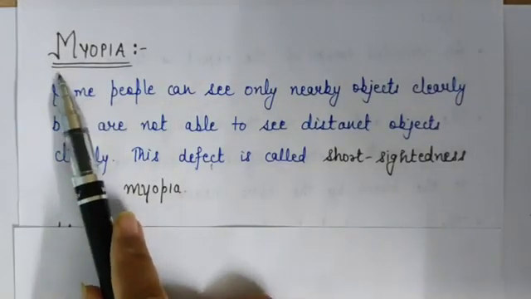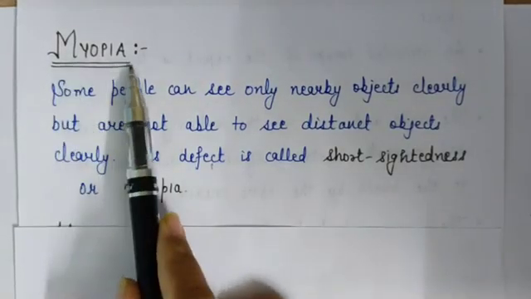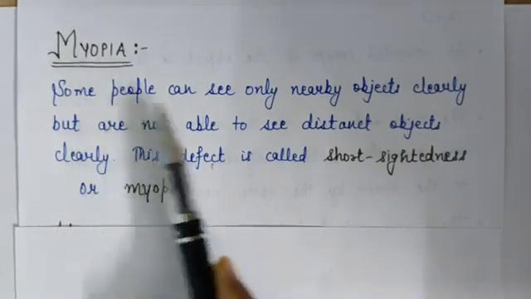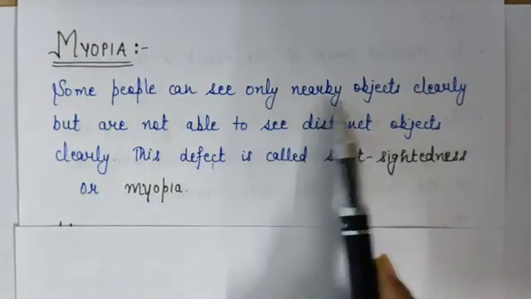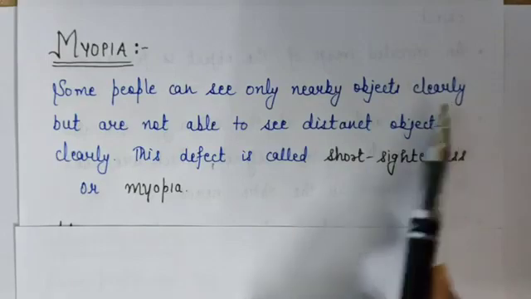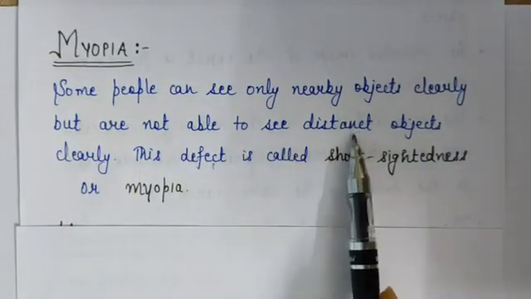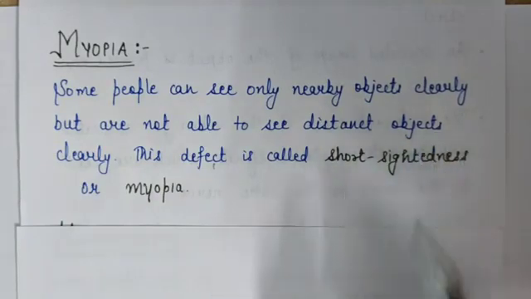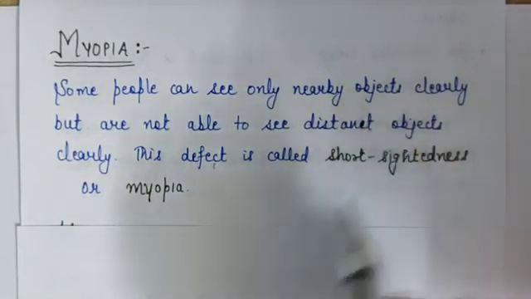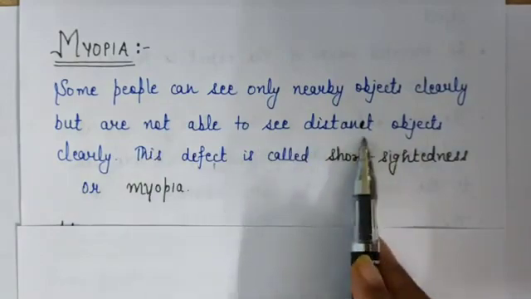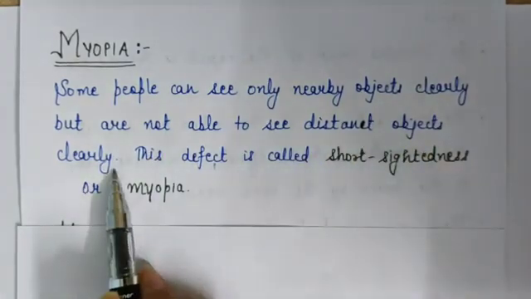The first defect is myopia. Now what is myopia? Some people can see only nearby objects clearly but are not able to see distant objects clearly.